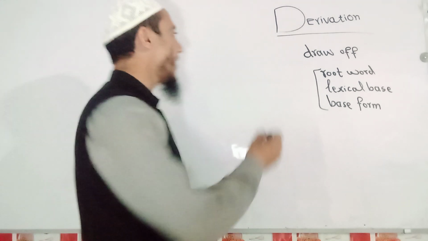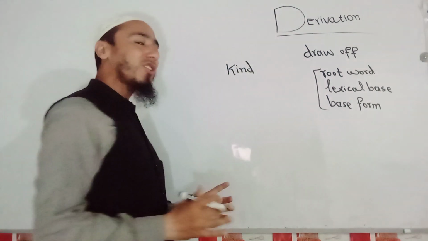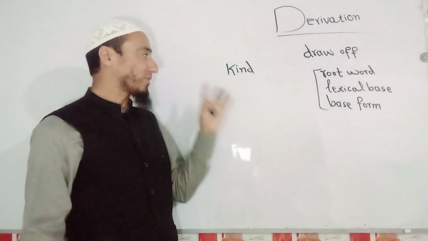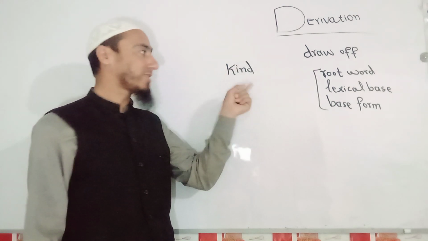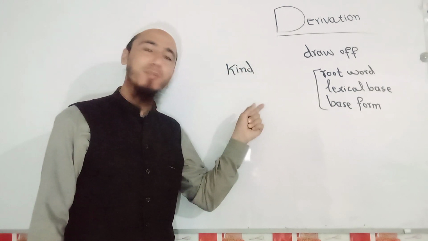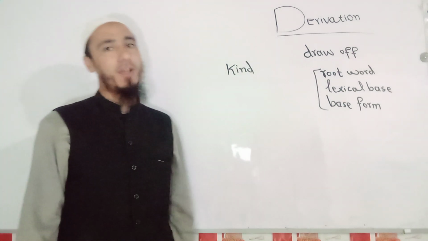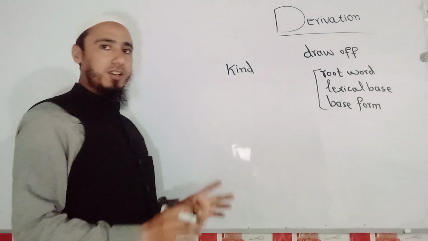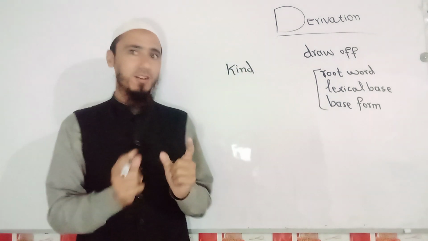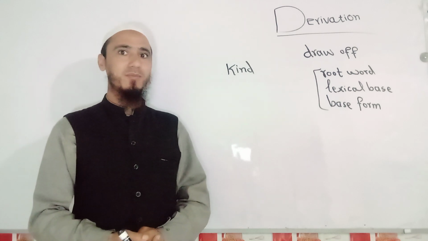For example, we have the word kind. This kind is a root word. So changing this word, which is the base form, the lexical base or root word, will be called derivation. For example, this is kind, and now the question: how is the derivation formed?